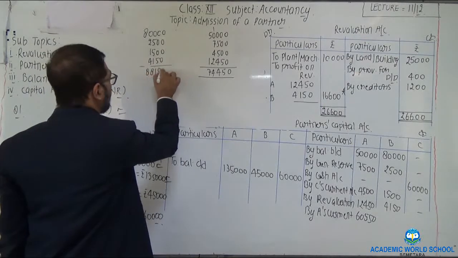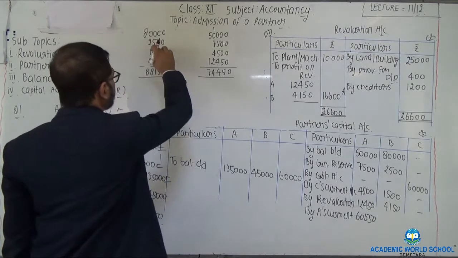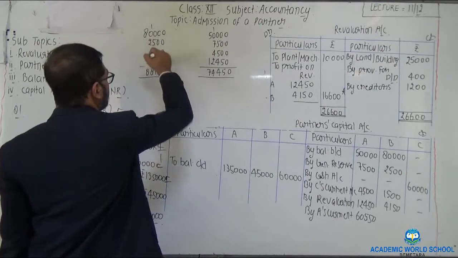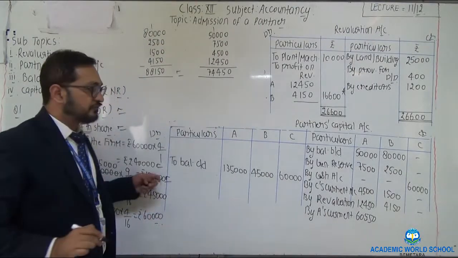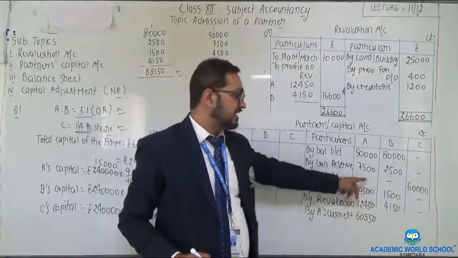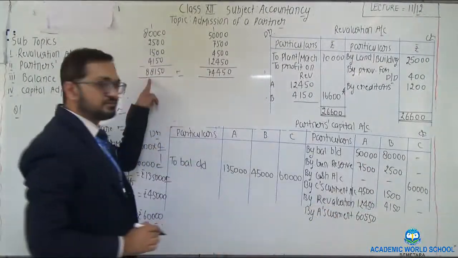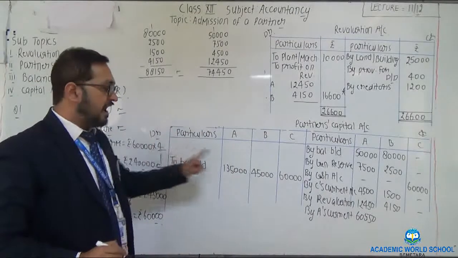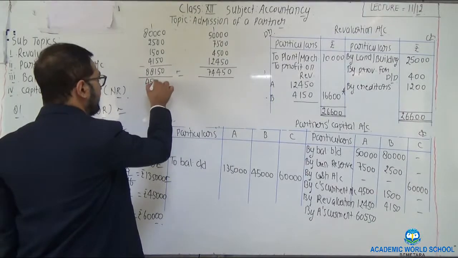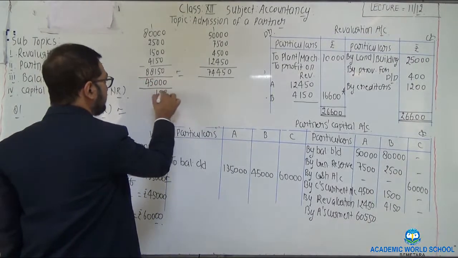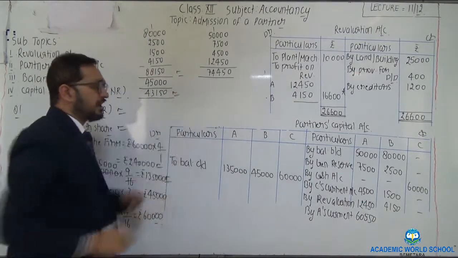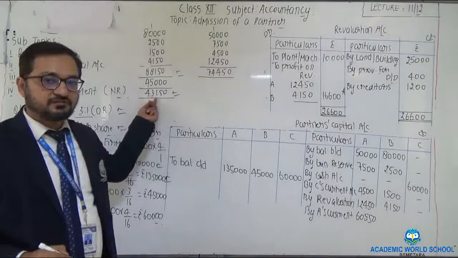I think total would be 88,150. His capital till now, after the distribution of all the profits and general reserve, is 88,150, and his capital should be rupees 45,000. So his capital is in excess with 43,150. He is having an excess capital of 43,150.